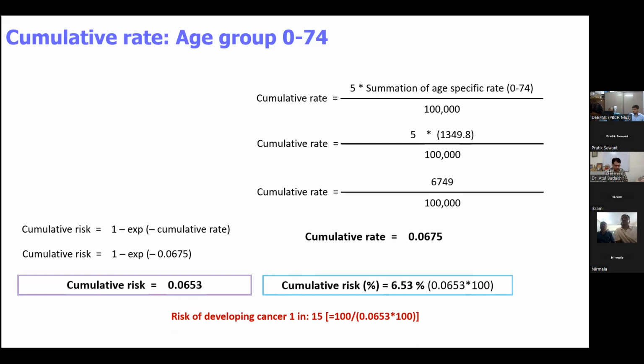Deepak, do it. 100 by 6.53. Sir, it is 15.31. So what it says, 1 in 15. The risk of developing cancer in this population is 6.53%. In layman language, 1 in 15 people are at risk of developing the disease.